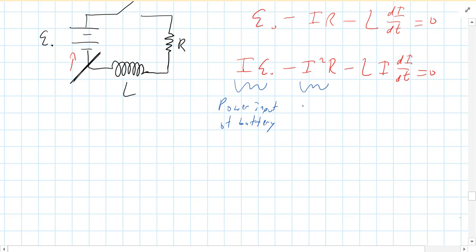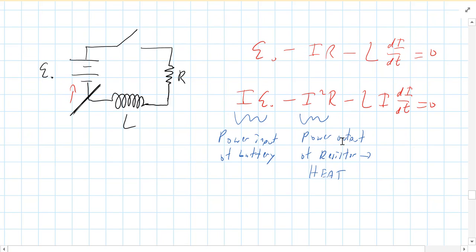Well, that is the power output of the resistor. And what is that energy turning into? It's turning into heat. Okay, so here's what we got. The battery adds energy to our circuit. We lose some of that energy due to heat in that resistor.